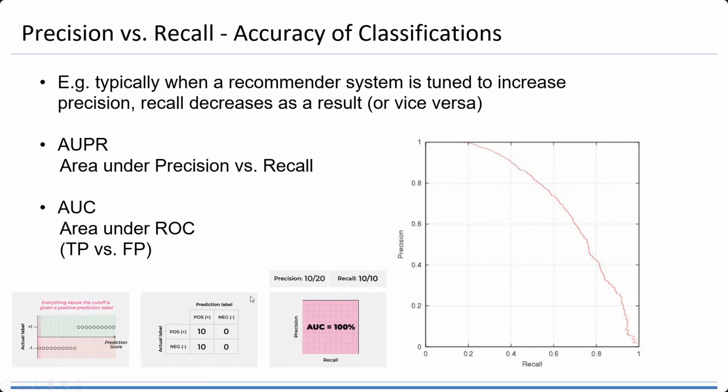So this is what we want to measure about the AUPR. When we have the recommended items and the good items, we need to check this one. What is the pattern of this precision versus recall?